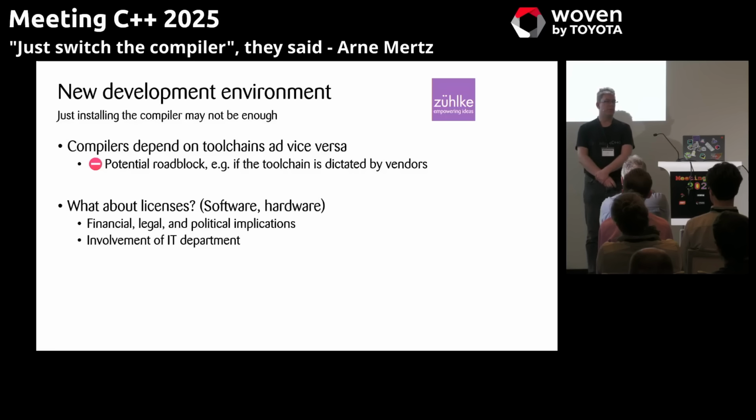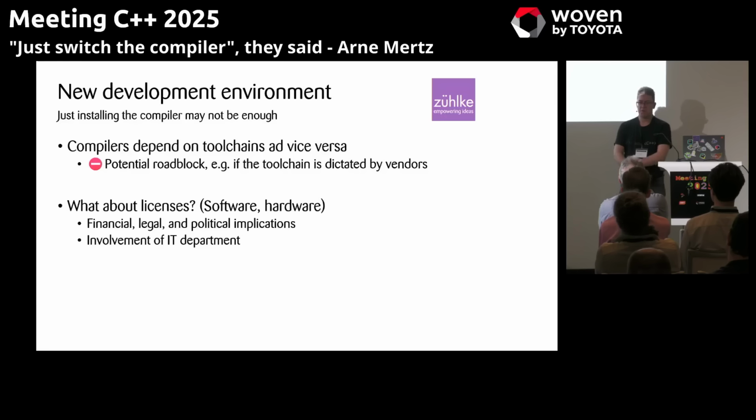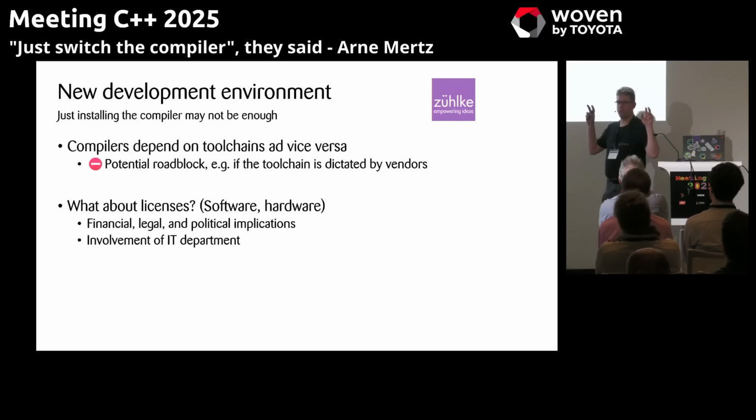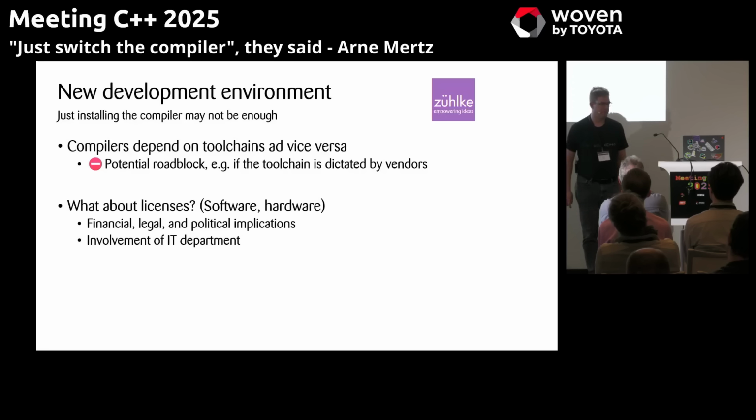We want to have a new one to at least get C++14. And they said, well, this compiler costs $3,500 per person using it. So you better give us some good reasons to pay out 14,000 euros alone in licenses just for you to be able to use fancy C++14.